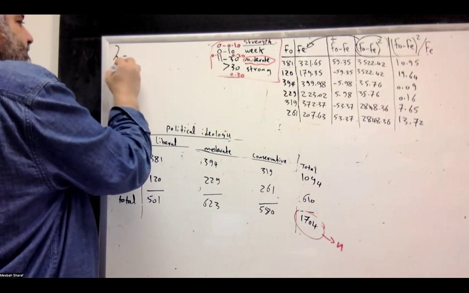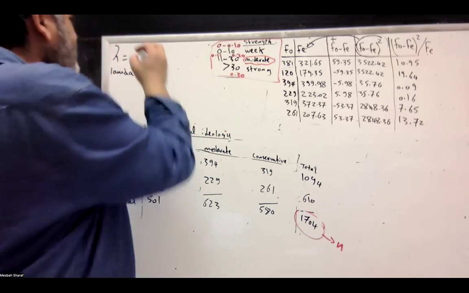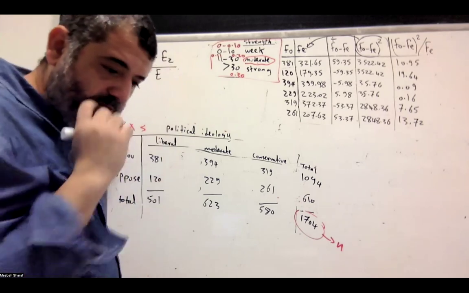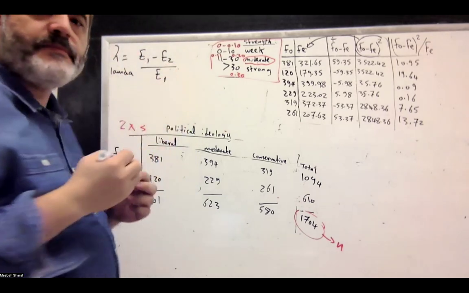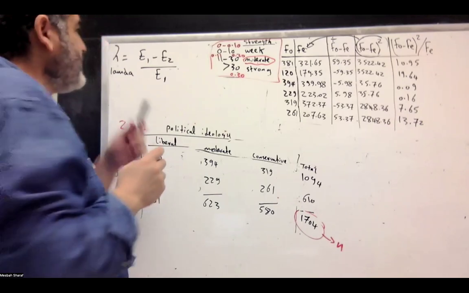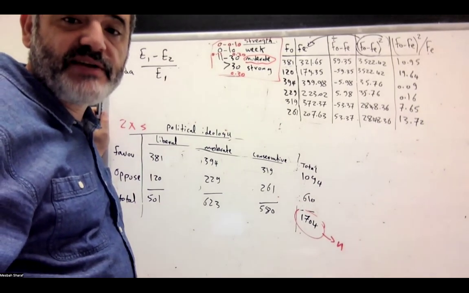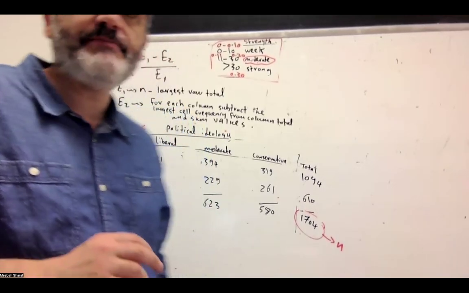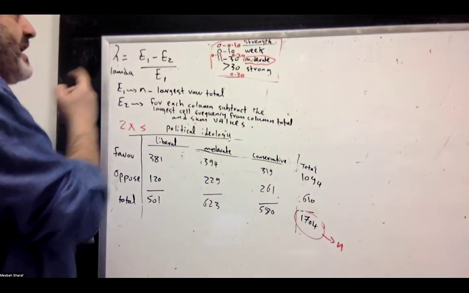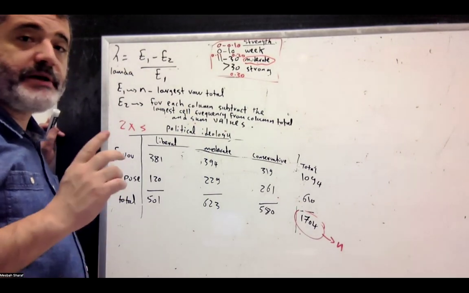So lambda, and there is a formula that will be given in the formula sheet, which is E1 minus E2 divided by E1. So how to get that E1? There is a formula for that. So now let me get the E1 and E2, and I will explain what E1 and E2 mean.